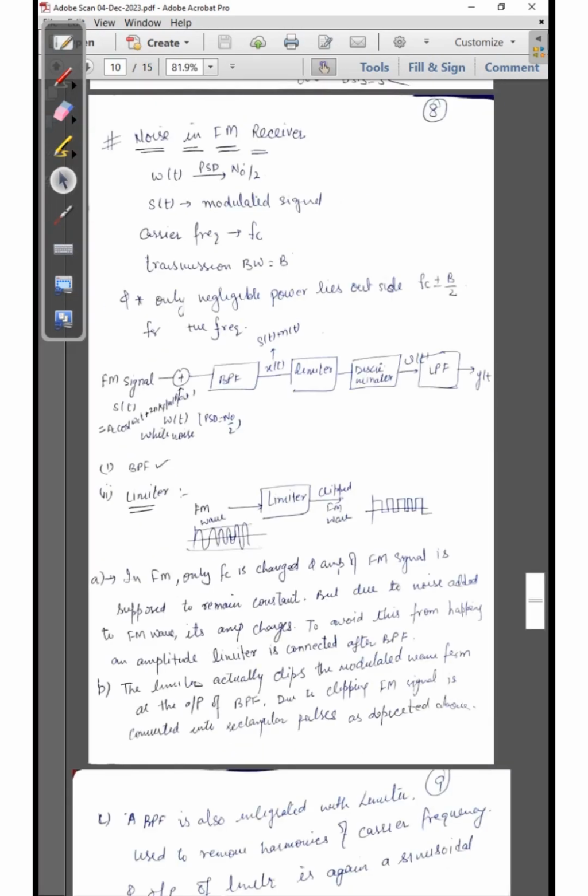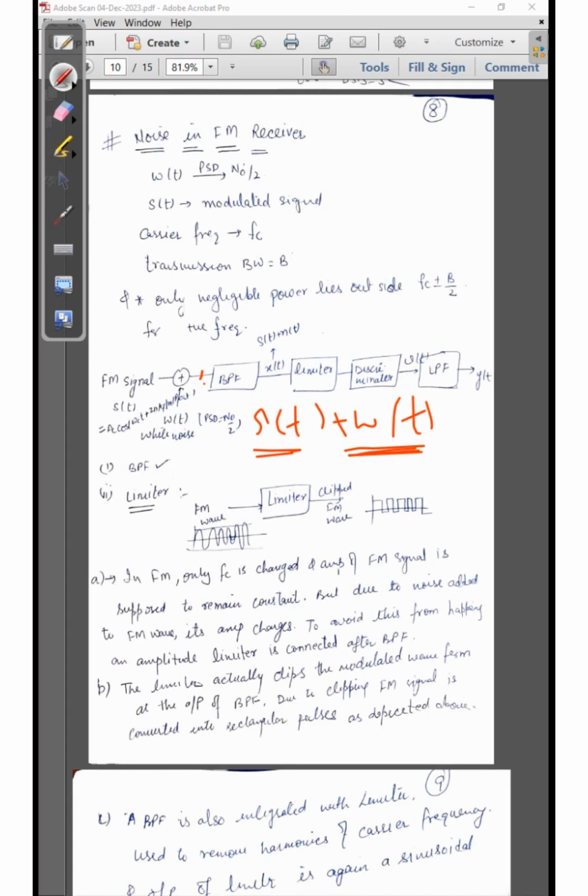We transmitted an FM signal, in which noise gets added in the channel, which is a white noise having a power spectral density of N0/2. At the front end of the receiver, at this point, we receive a signal which is S of t plus W of t, meaning the FM modulated wave and a white noise, which is a wideband noise.